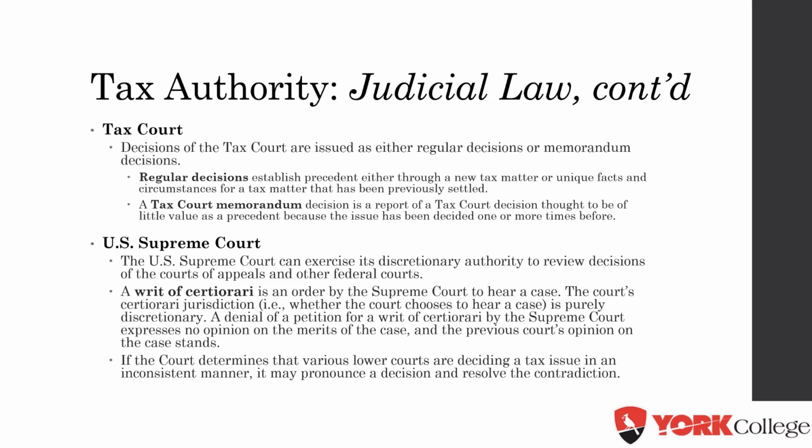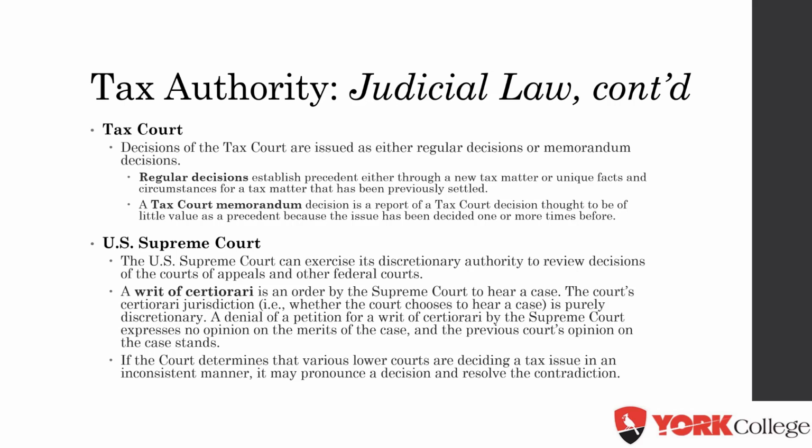So the U.S. Supreme Court is the highest court in the land, and its function is actually pretty unique because it has something called discretionary authority. The word discretion is easy to understand. It boils down to the Supreme Court having the choice of whether or not to review decisions of the courts that sit under it.